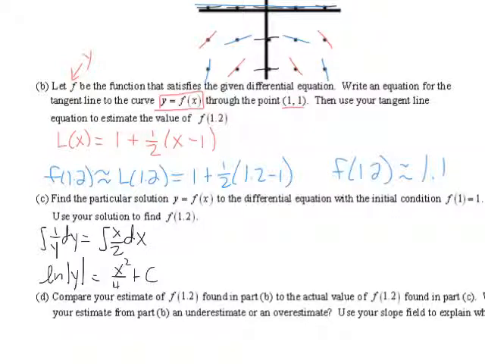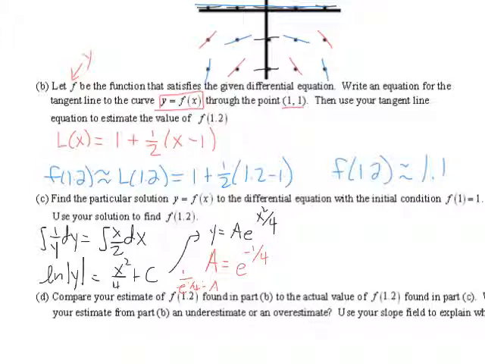If I go about solving this equation for y, I wind up getting y is equal to some unknown value a times e to the x squared over 4. At this point, we can find that unknown value a by plugging in the initial conditions, and we wind up finding out that a is equal to e to the negative 1/4, or you could say 1 over e to the 1/4 is equal to a.